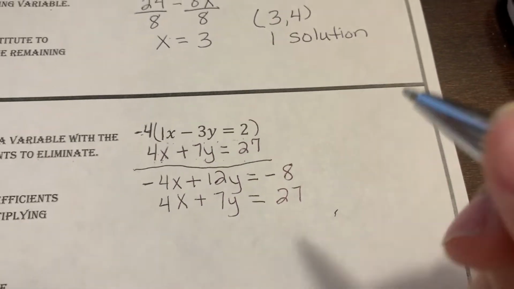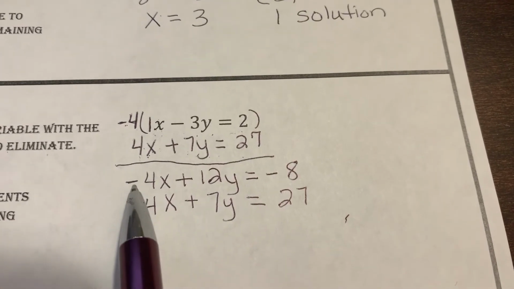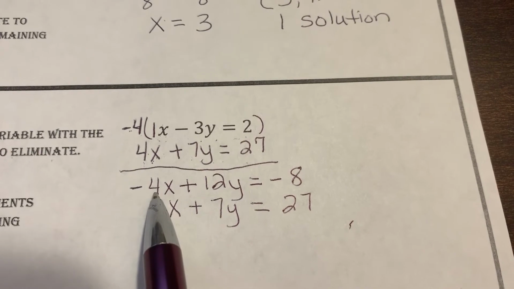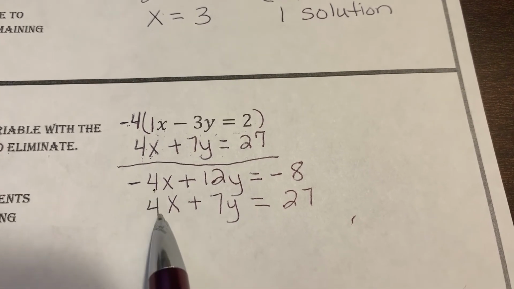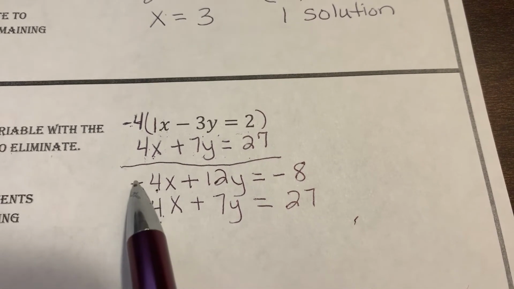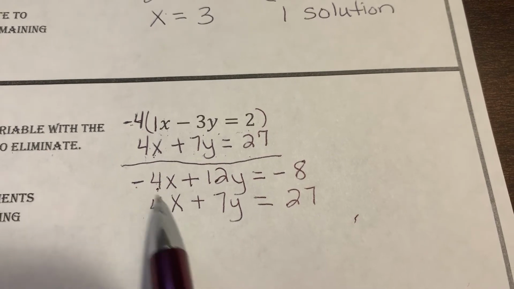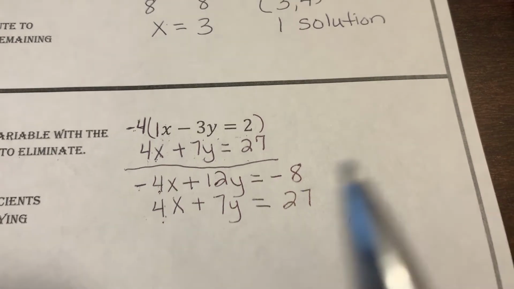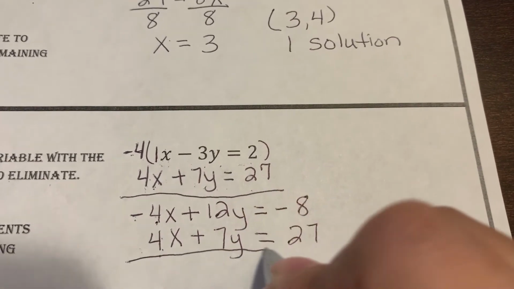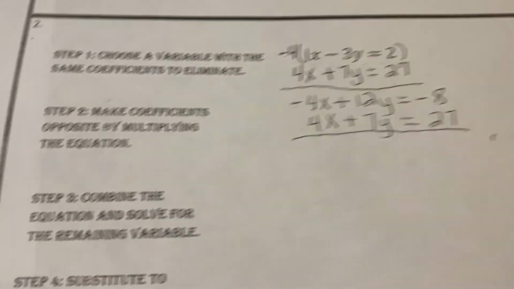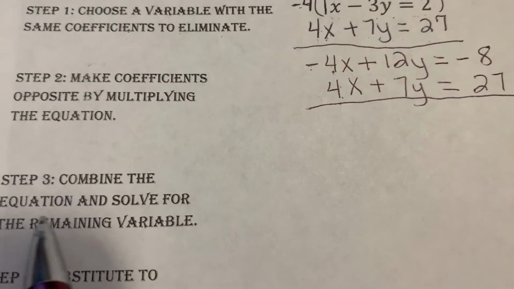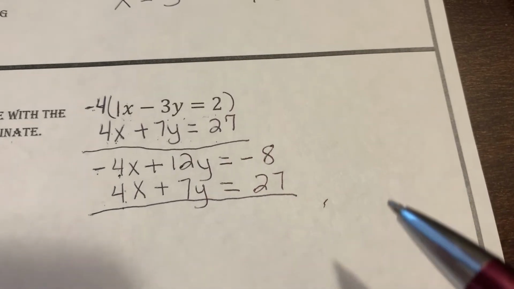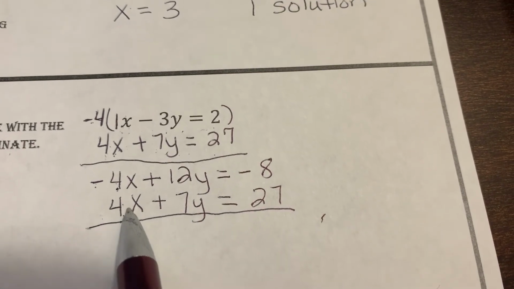And now I notice that I do have a coefficient that is the same and is opposite. These two have a coefficient of 4, one is negative and one is positive. That is going to help you go to step 3, which is to combine the equations and eliminate one of the variables.